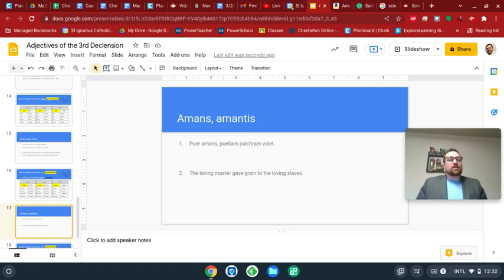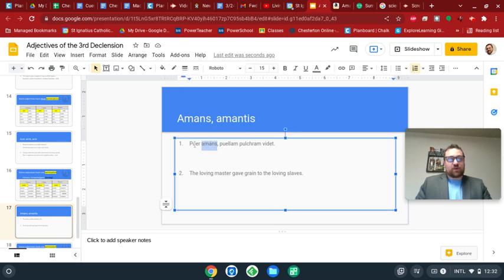Puer amans, puellum pulchrum videt. So here is our amans. It's describing the puer. So the loving boy, what's he doing? Videt. He sees. And what does he see? He sees the things that are in the accusative.